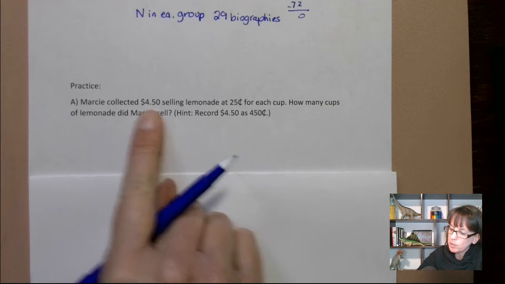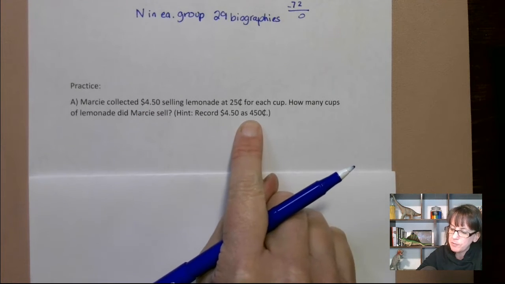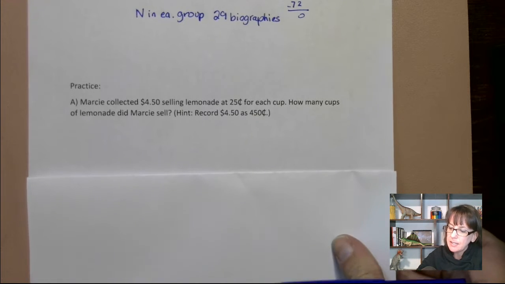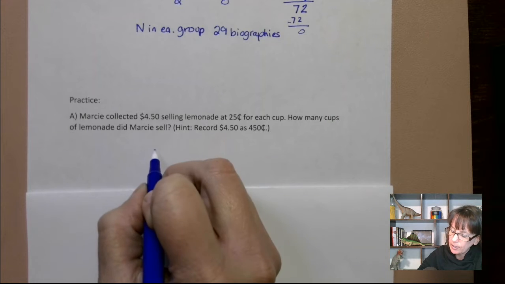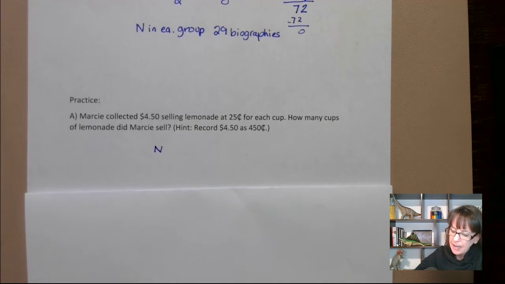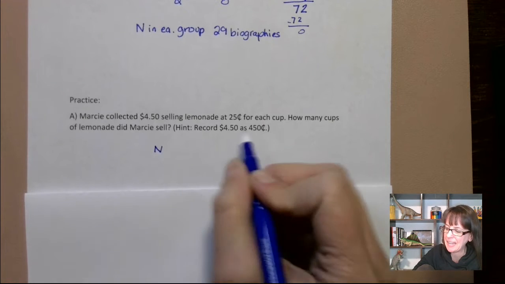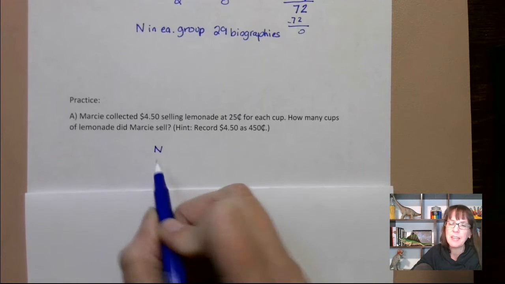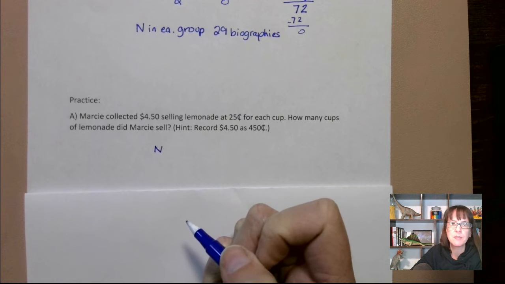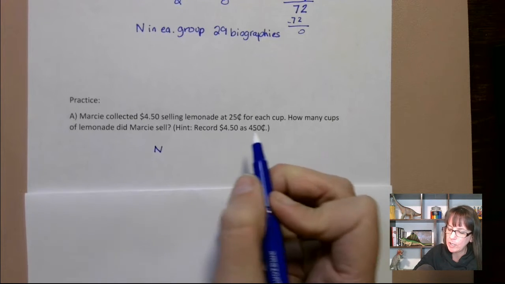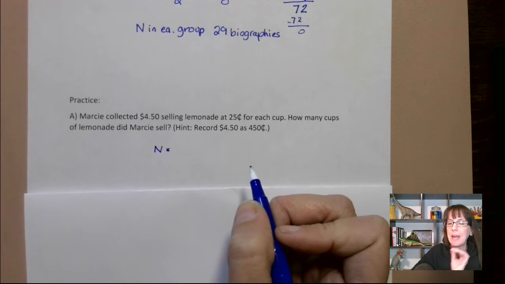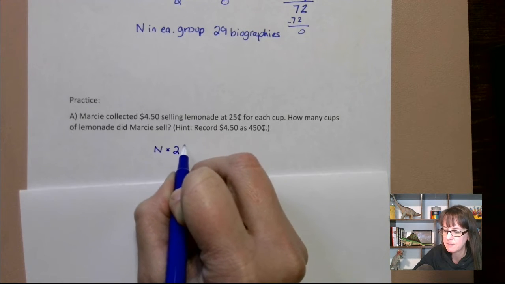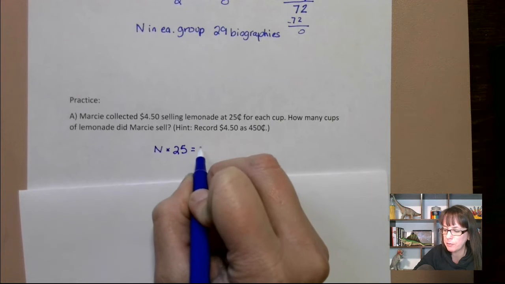Her total was 450 that she got, and the number of groups is going to be the number of items that she sold. So we know the number of groups times the number in each group, and each group is worth 25 cents, is going to give us our total of 450.